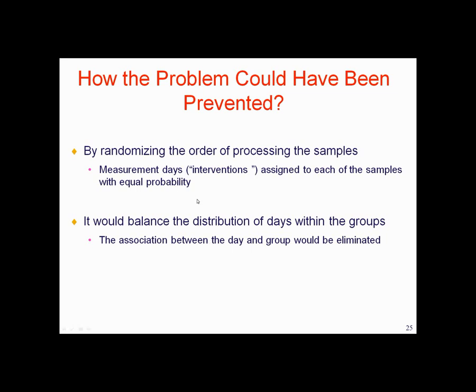So the main problem with this design was that, created by the design, there was this link between the day and the sample status, and this actually resulted in a spurious association, which we observed in the results.